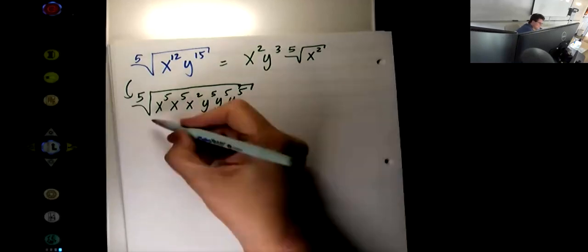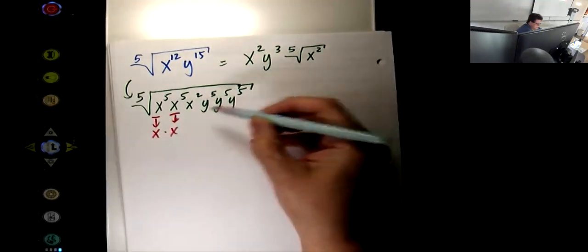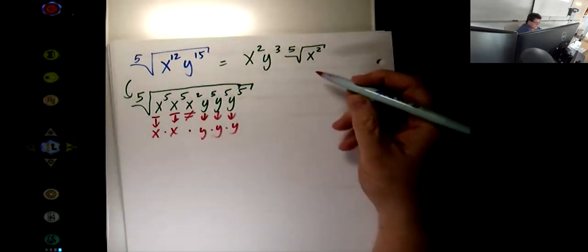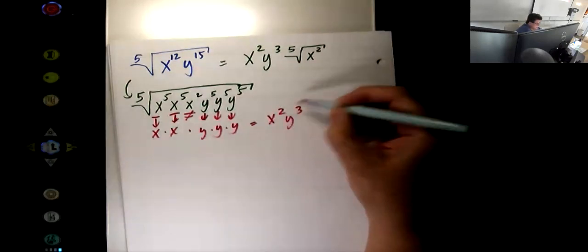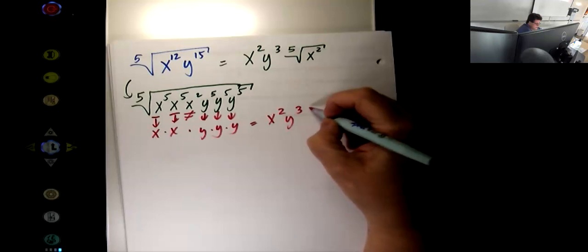For each one that has the power of 5, the 5 matches the index, so I can pull out an x. I've got an x, I've got an x, so we multiply them. That one is stuck, can't go anywhere because it doesn't have a 5 as an exponent. This comes out as a y, this comes out as a y, and this comes out as a y, and these are all multiplied together. So x squared y cubed, and we still have the unlucky x squared that's stuck inside.